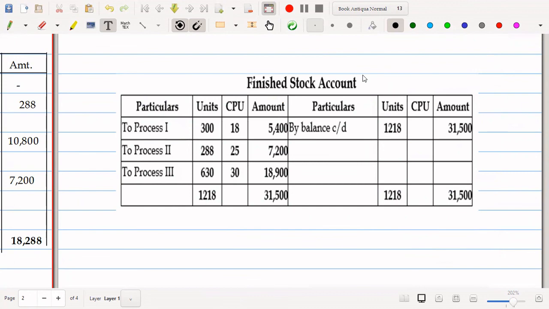So in all three processes, finished stock is on the credit side. So when you prepare the finished stock account, you have to bring all those on the debit side, as it is: the units, CPU and amount from all three processes are brought on the debit side. And if there are no sales or closing stock, then directly you can make an entry as by balance carried down. The total amount and the total tons will be written as it is, and the stock account will be closed. This is how you prepare process accounts and finished stock account.